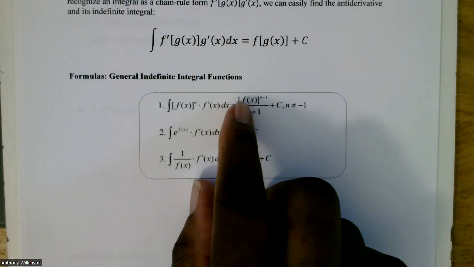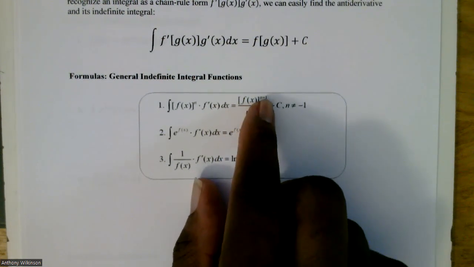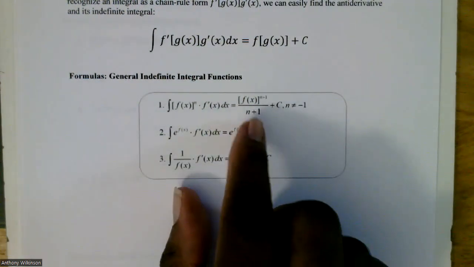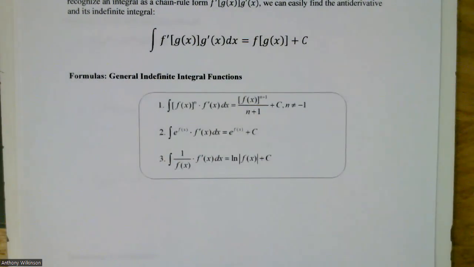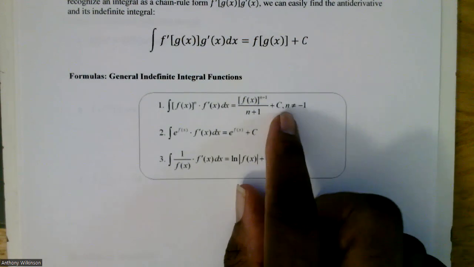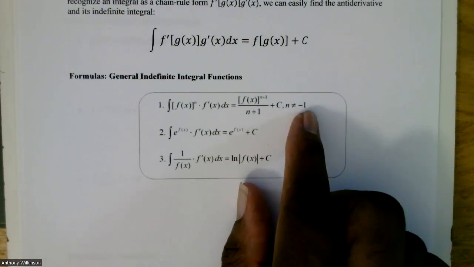We just take the f of x function, increase the power by 1, divide by the new exponent, and then plus c. The restriction there is that n, your exponent, cannot be equal to -1. And we pretty much talked about that in the last video.